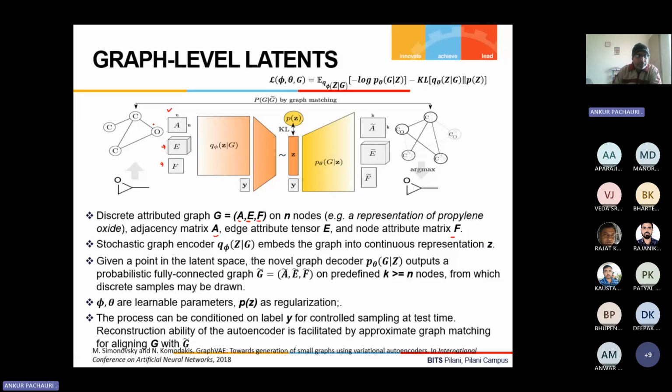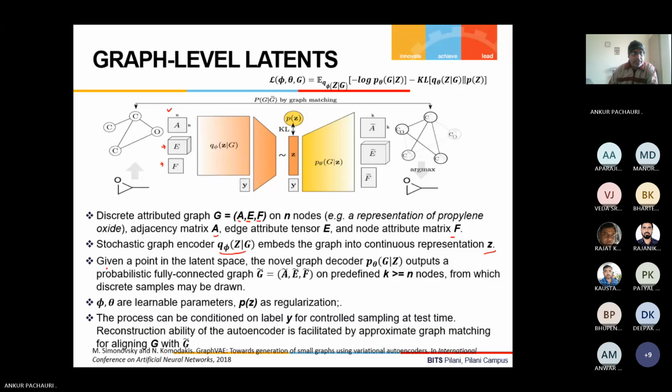This was the graph. Based on that graph, they computed the adjacency matrix, edge tensors, and the node attribute matrix. Then they have the stochastic graph encoder, q phi of z given the graph. So there come the encodings. This stochastic graph encoder embeds the graph into a continuous representation in latent space.